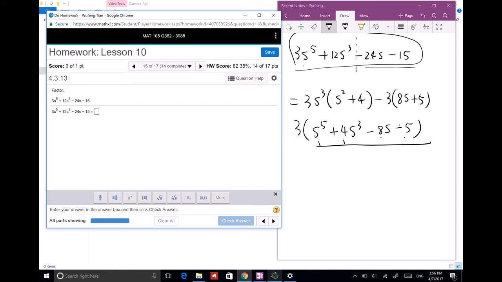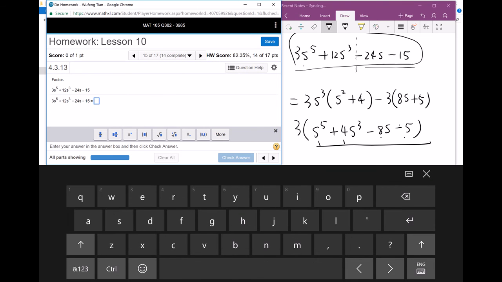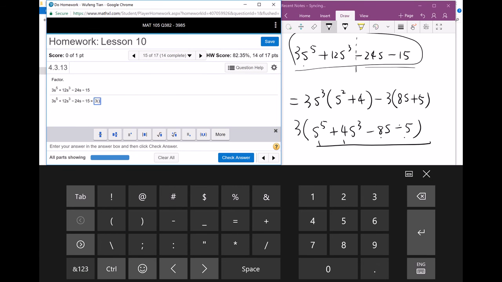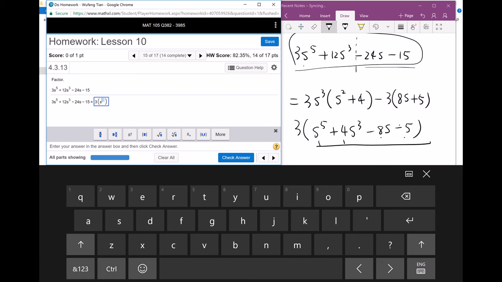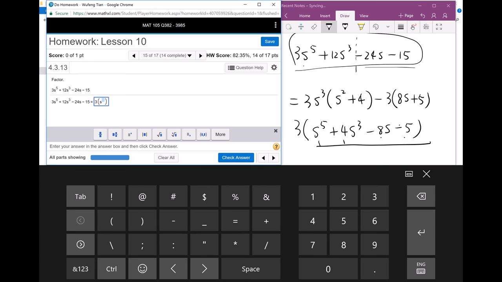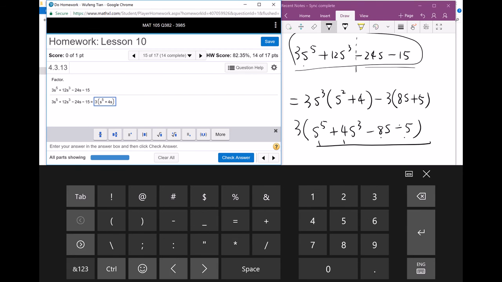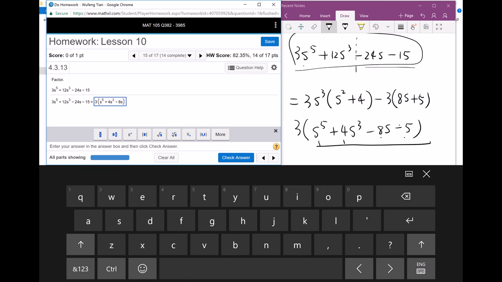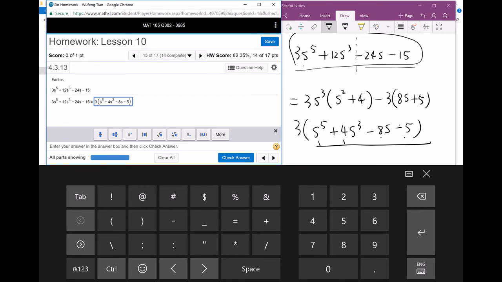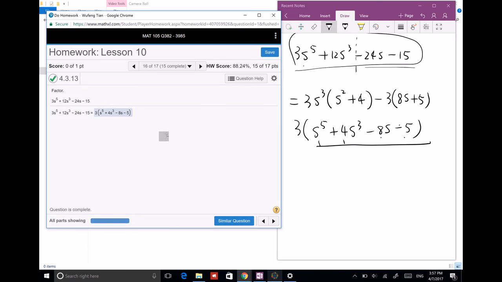So we just need to type in 3 long type s^5 plus 4s^3 minus 8s minus 5. Okay.